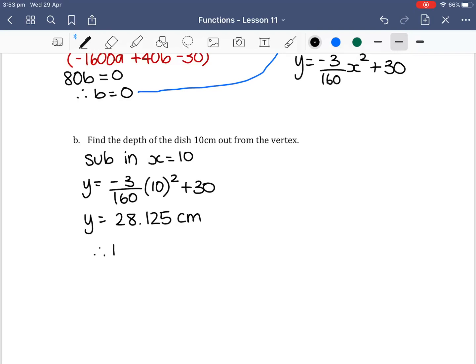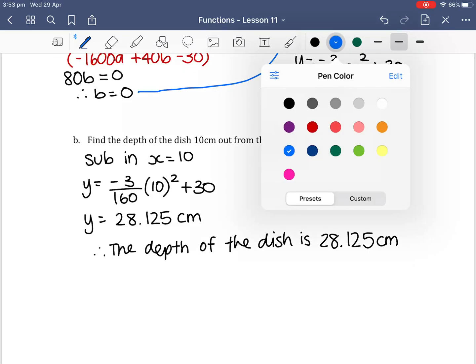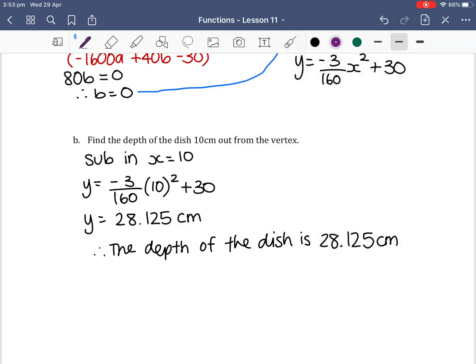So therefore the depth of the dish is 28.125 centimeters. Now it's really important we write a concluding statement as it tells the marker of our work what the answer is and what we found, instead of just this random y value of 28.125.